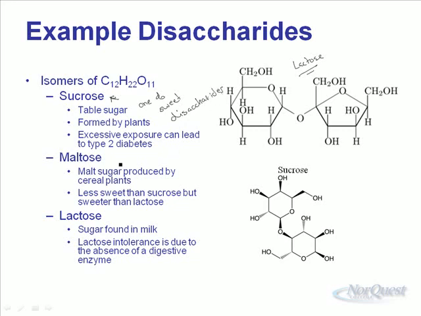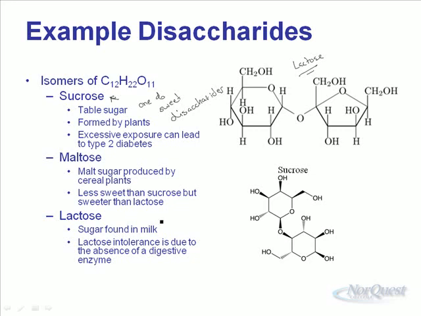As we go down our list, maltose has the same basic shape. I don't have a picture of it here, but there's probably one in your textbook. It's also produced by cereal plants, so grains. It's a lot less sweet than sucrose, but sweeter than lactose. And lactose is the sugar found in milk.